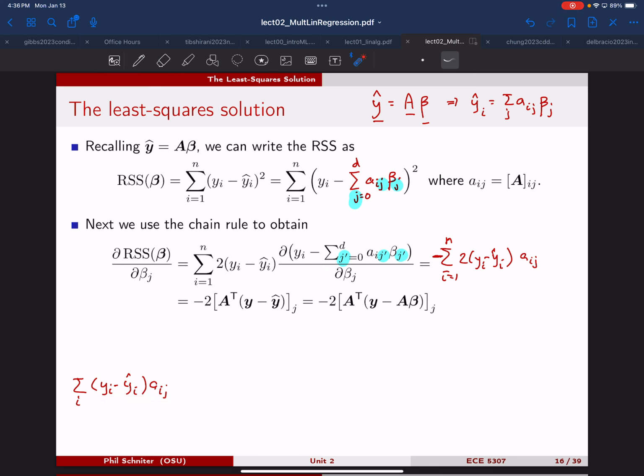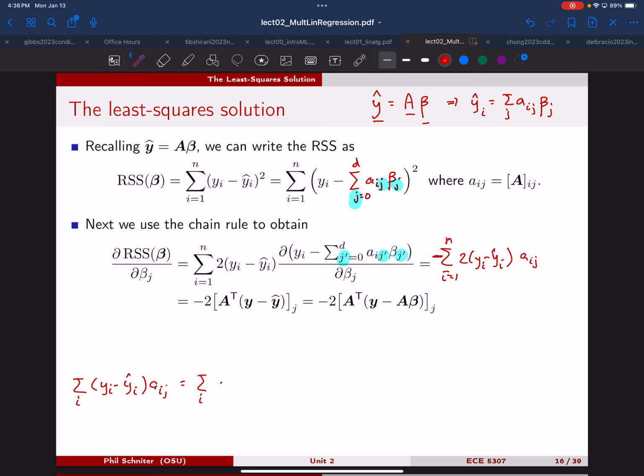We want to write this in terms of matrices and vectors. That's our goal. So there's a couple different ways to do it. We want that i is the inner index. It is the inner index right now. We can also do this a slightly different way. We can exchange the order.